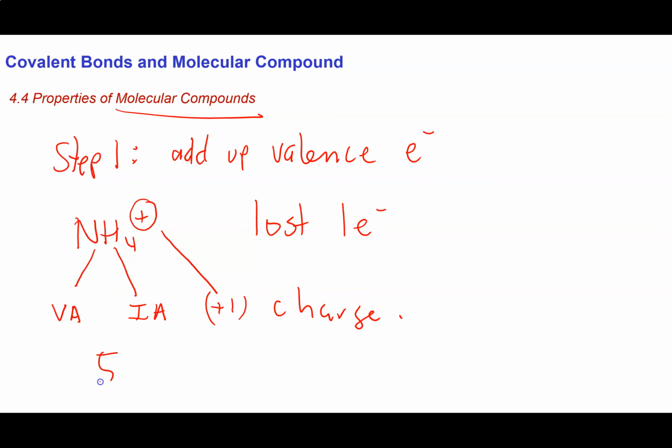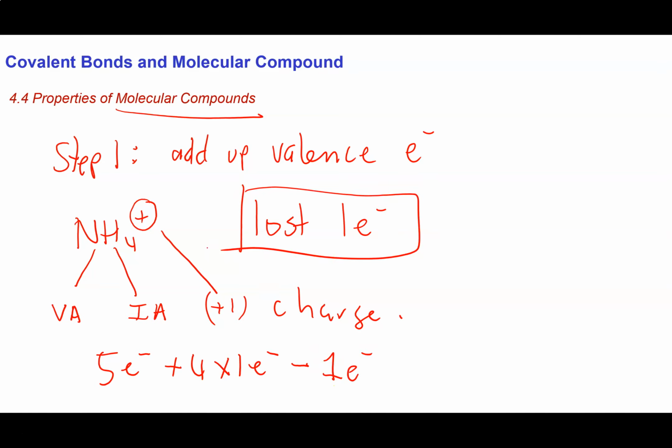So I get 5 electrons for the nitrogen, and then I get 4 electrons, 4 times 1 electron for the hydrogens, and then finally, because it's got a +1 charge, I have to take away 1 electron because the +1 charge tells me that I lost 1 electron. So I put all of that together, and that ends up with there being a total of 8 valence electrons.